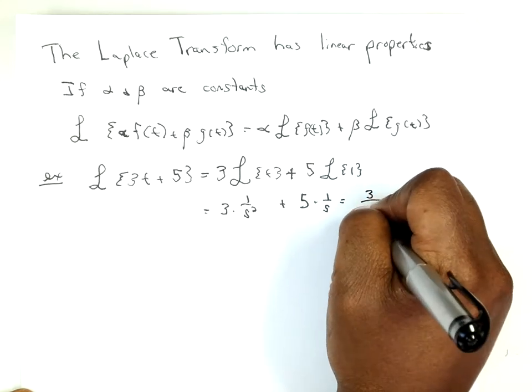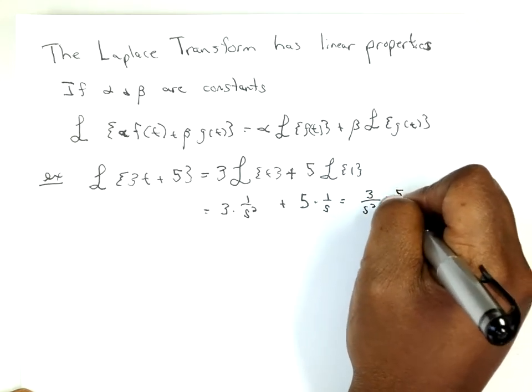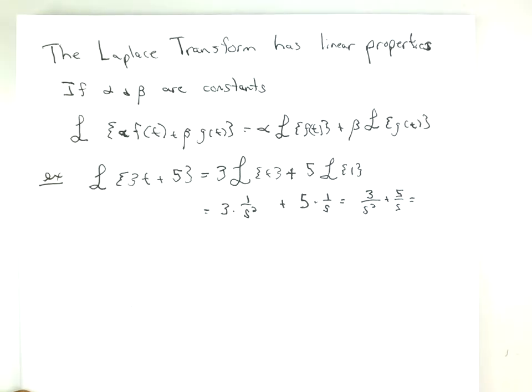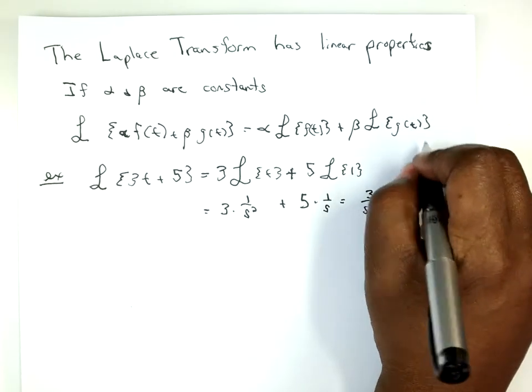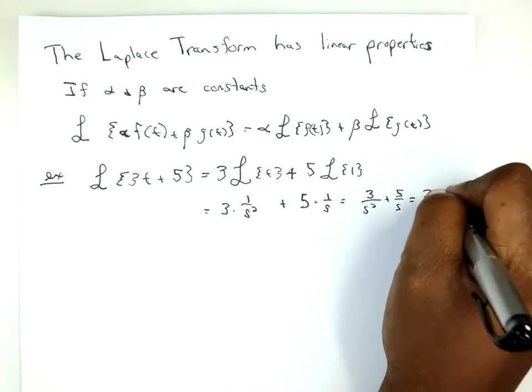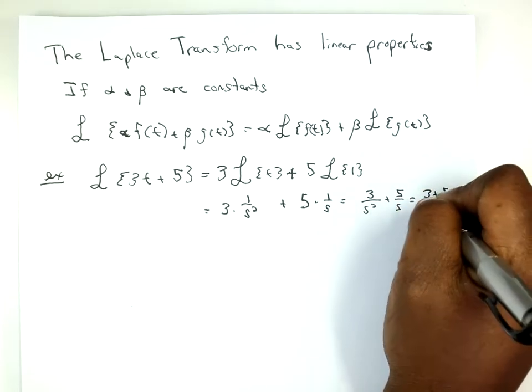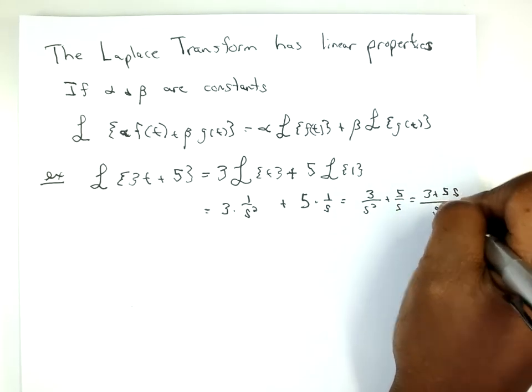So 3 over s squared plus 5 over s. And if we wanted to put it together into one, which they do a lot for this unless they get really complex, I would just need to multiply the second one by s over s. And that would give me 3 plus 5s all over s squared.